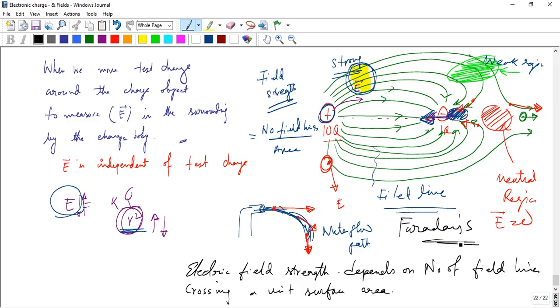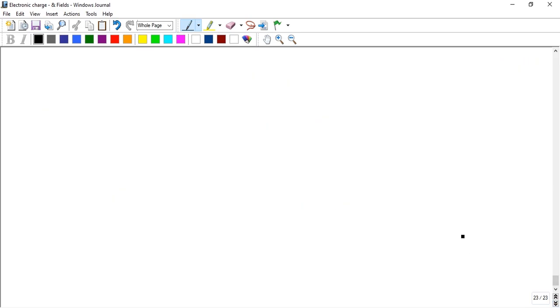And how do I calculate the neutral zone? Suppose there are two charges, consider a plus Q1 charge, and at some distance another charge, plus Q2. One is the test charge, one is the source charge. If both charges are positive, the field lines look like this.